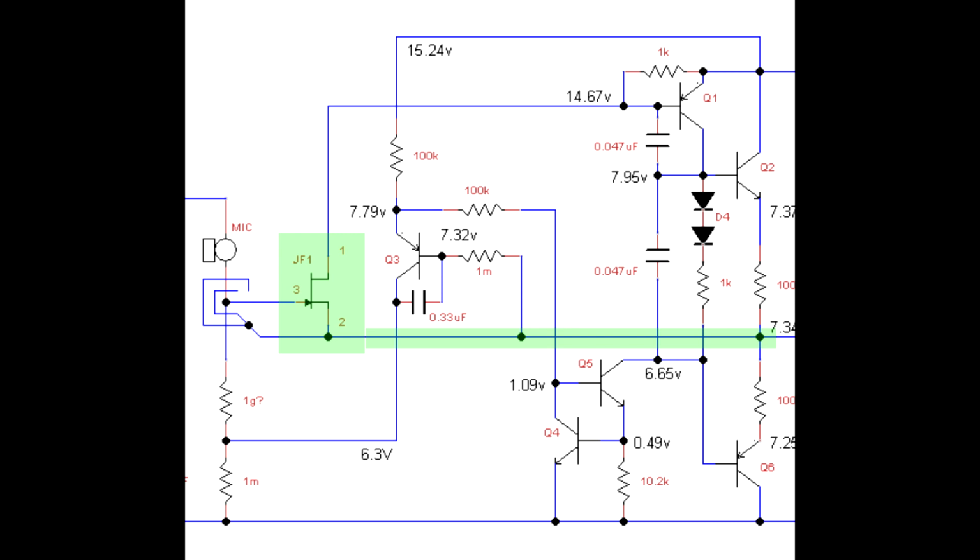So if you think about this, if the gate goes positive, then the JFET starts to conduct, and that makes the PNP conduct, and that makes the totem pole conduct upward, so things go up. So if input goes up, output goes up. Now the output is fed back around to the source.